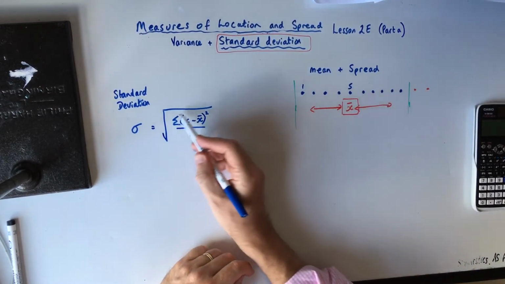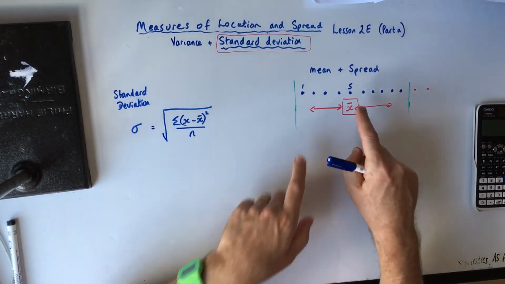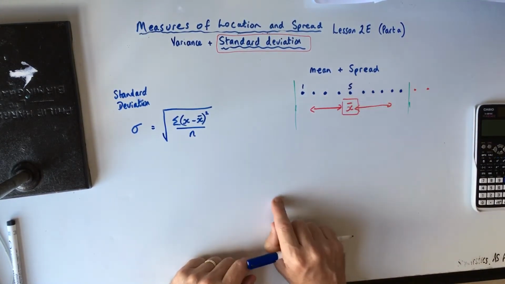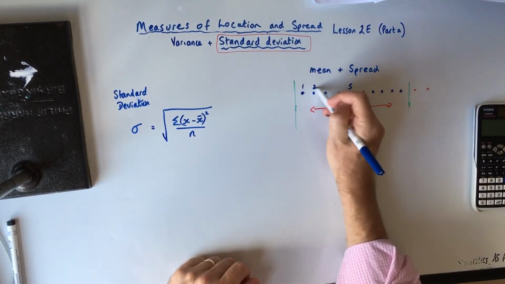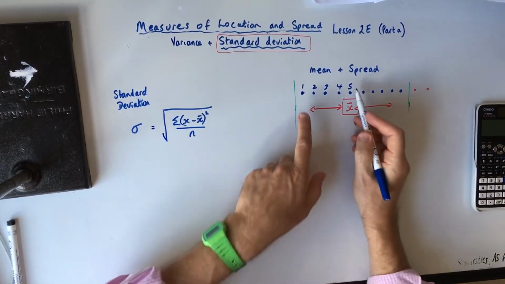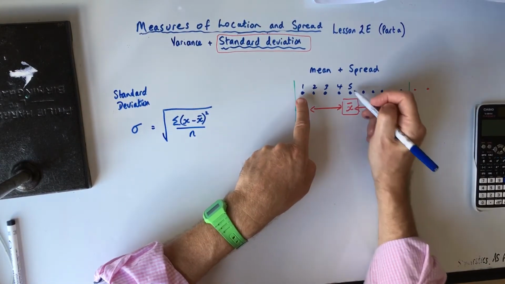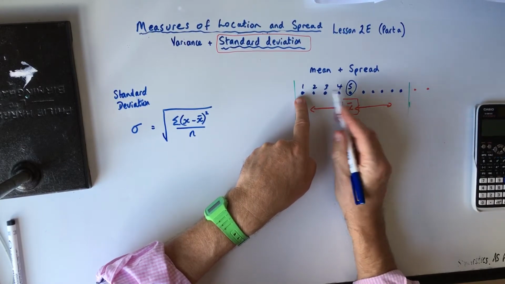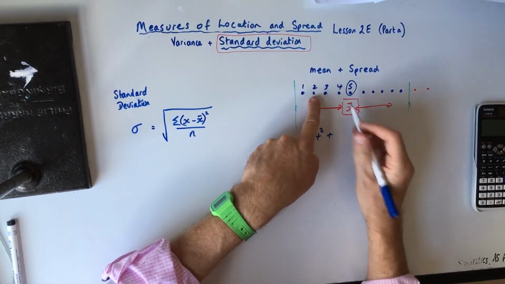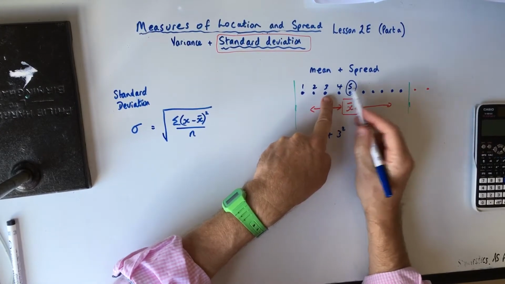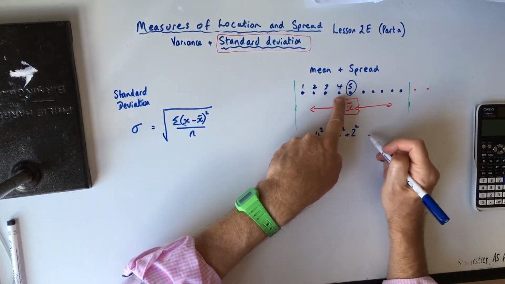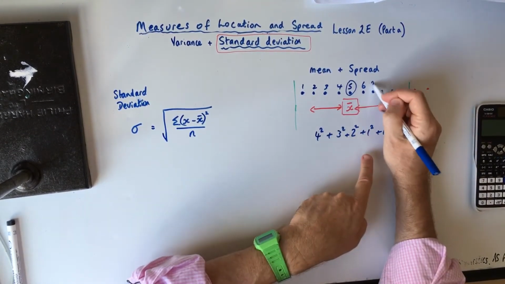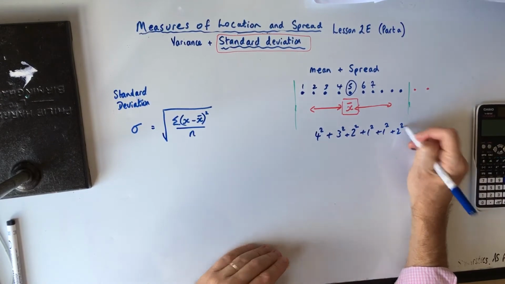So this is the sum of the squares of the differences of all of these numbers from the mean. If the mean is 5, we'd be doing 4 squared plus 3 squared plus 2 squared plus 1 squared, and then if that was 6, plus another 1 squared, and if that was 7, plus 2 squared because it's 2 away.